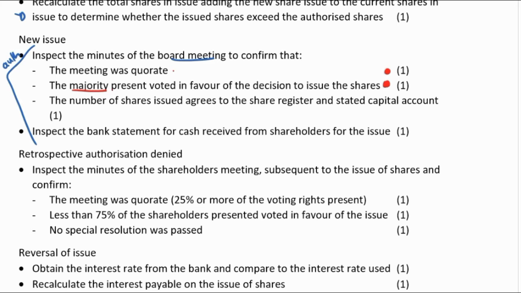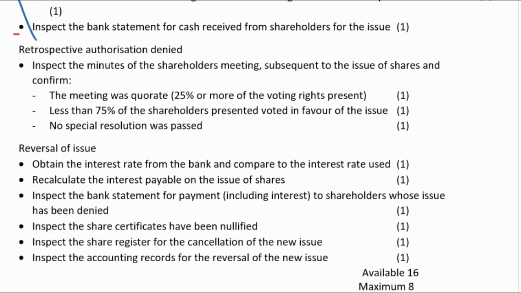Okay, then you see that the money came in from the shareholders. It was retrospectively approved. So you'd have to look at the shareholders' minutes. And again, for their authorization, there will also have to be a quorum, and then the number that need to vote in favor. Okay, again, we're getting to that later.